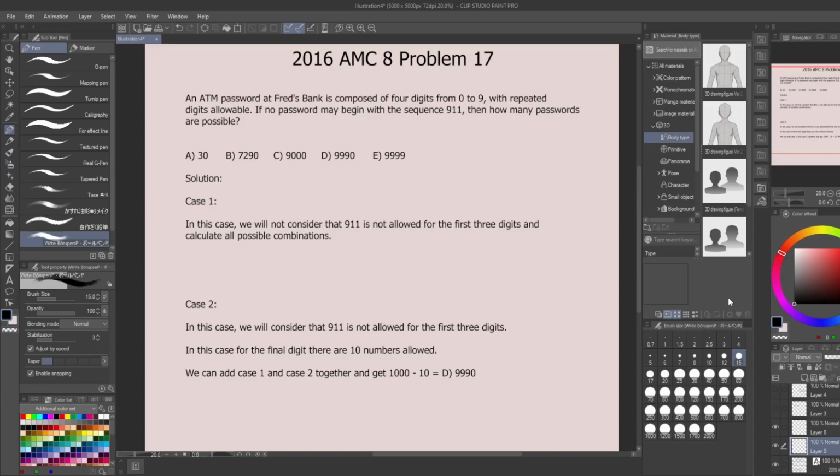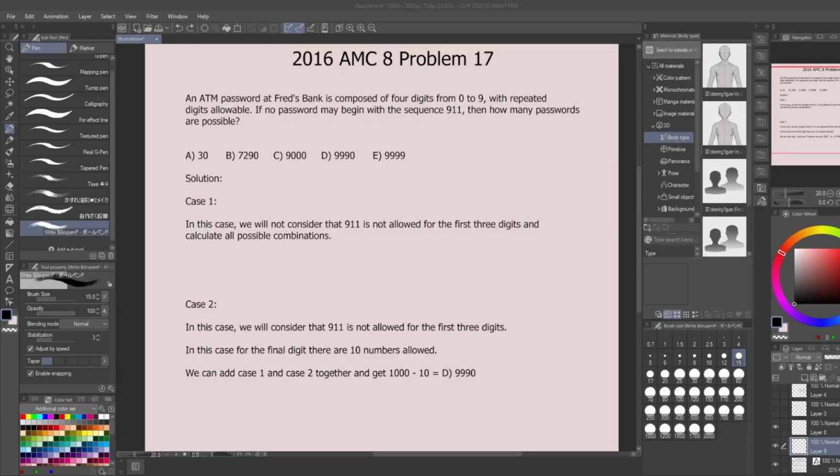So the solution for this is, in case 1, we will not consider that 911 is not allowed for the first 3 digits, and calculate all possible combinations. The formula for permutation with repetition is P(N, R), which equals N to the power of R. N would be 10 in this case, and R would be 4.